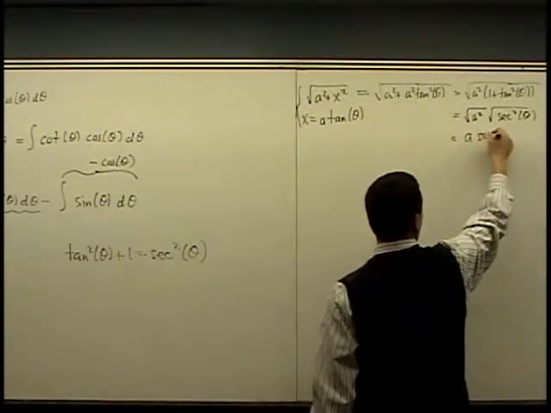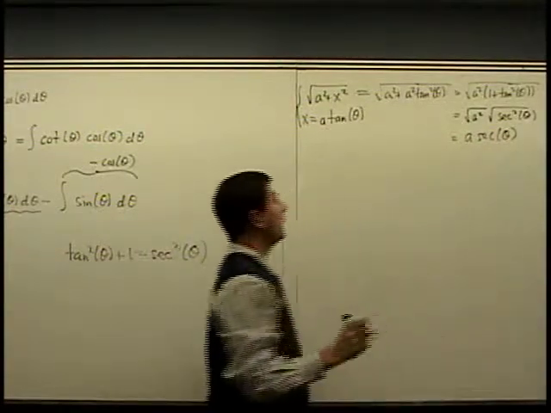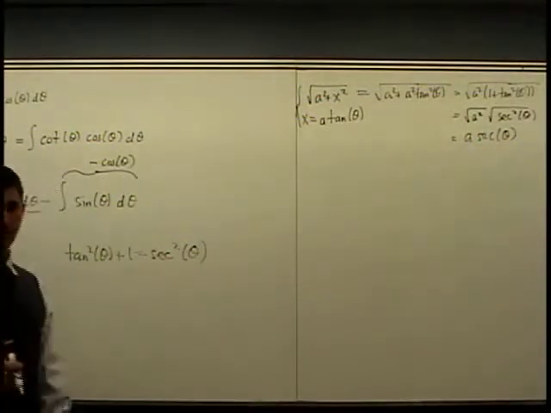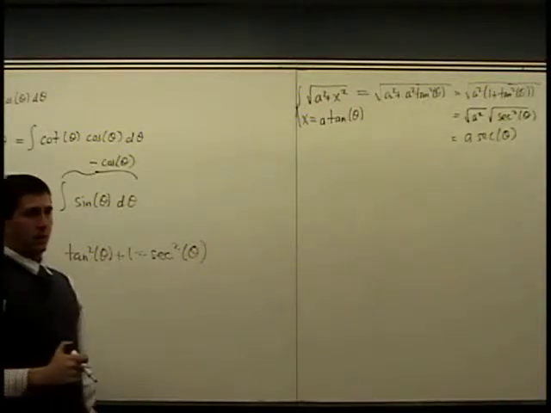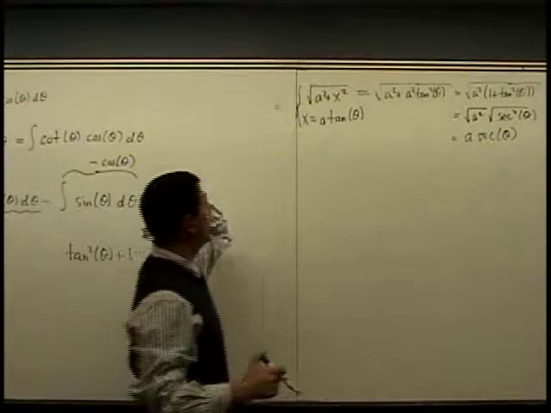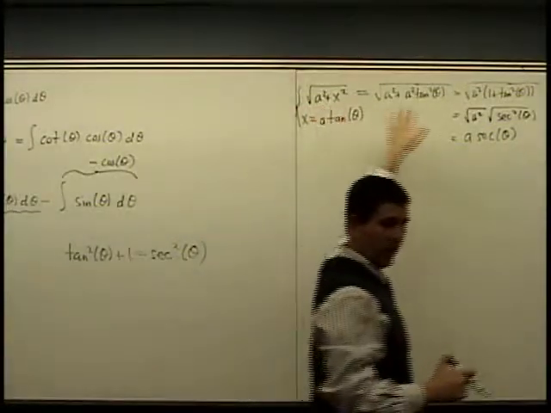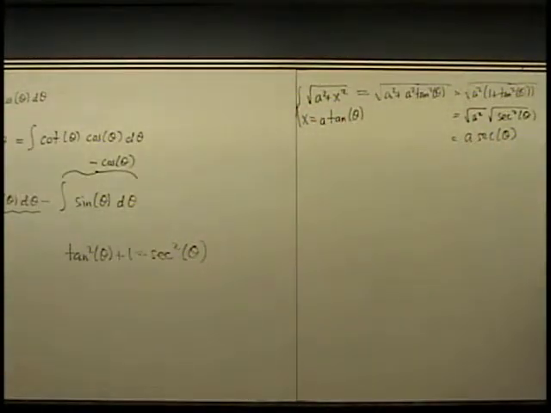So I get a secant of theta. So what this says is if I start with an integral with the square root of a squared plus x squared, and I make the substitution x equals a tangent of theta, then I can replace in the integral this nasty expression with a secant of theta.